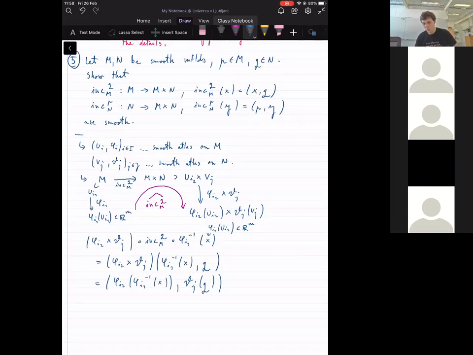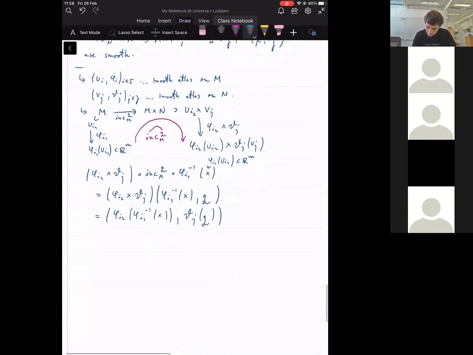Why is the first one smooth? Because M is a smooth manifold, yes, because the transition maps in any smooth manifold are smooth, right? So smooth, since M is a smooth manifold, and this is smooth as a constant map.